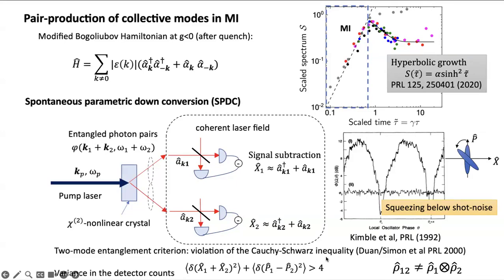By the Cauchy-Schwarz inequality, if the density matrix can be written like this, then this has to be bigger than 4. And if this thing is smaller than 4, it violates this mathematical theorem. It means that the density matrix cannot be written like that, so the two modes are entangled because they are not separable. This is how measuring noise below the shot noise level tells you that you have two-mode quantum entanglement.